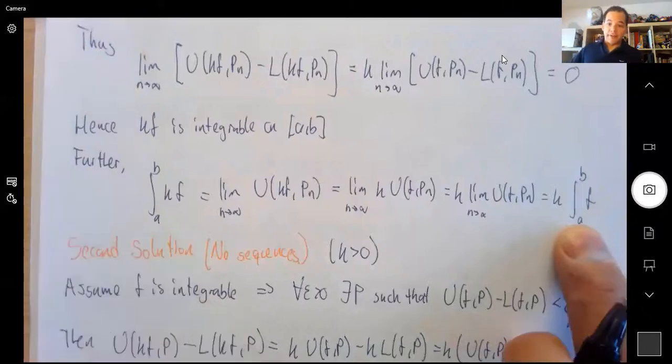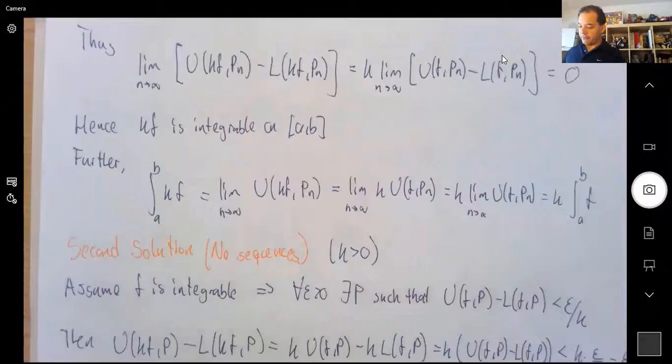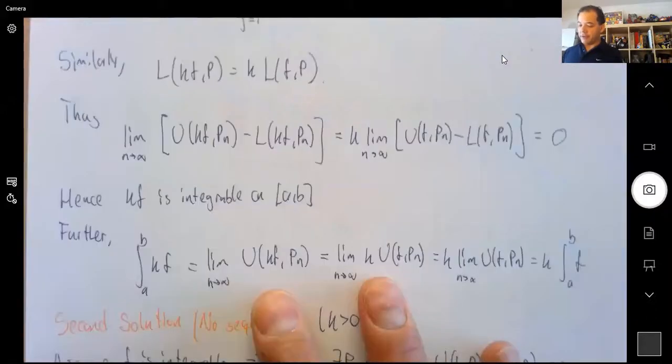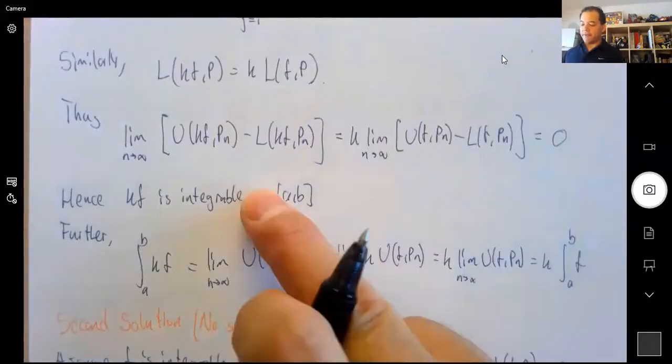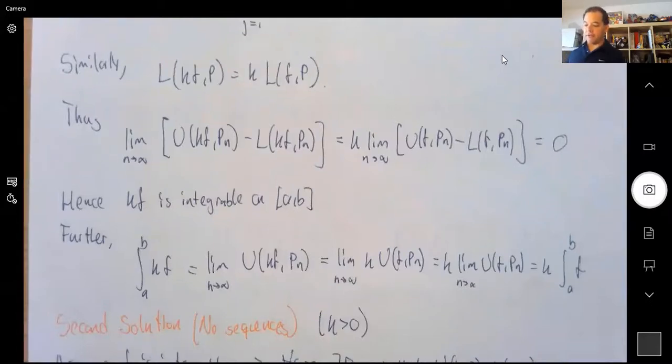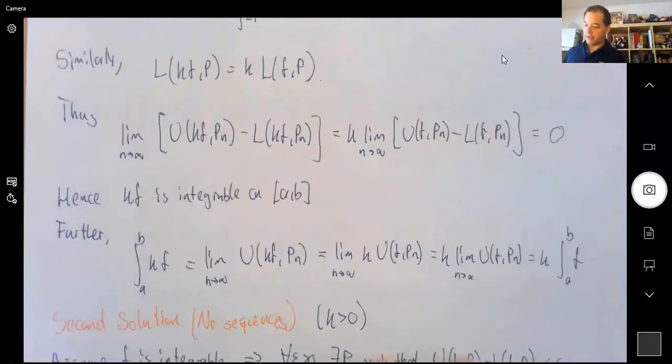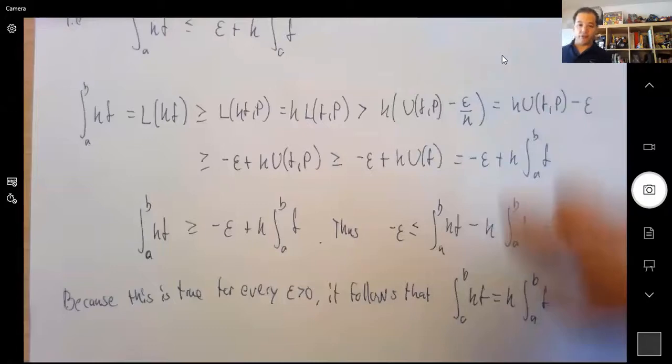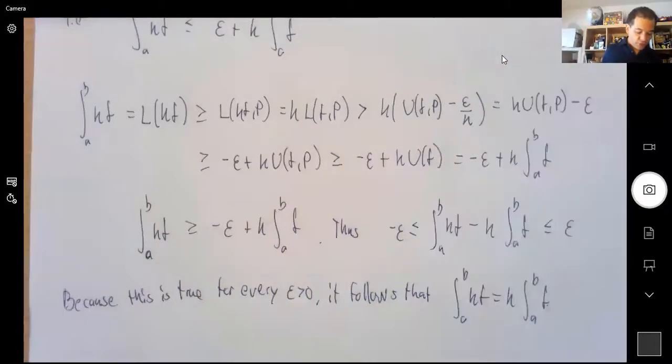The first part was also really, really easy, so the first solution is way more straightforward, cleaner and quicker. Of course, we had to first do this sequential criterion that I showed you earlier, but once you knew that, this solution was way faster than considering all these inequalities. Okay, but you still can do it this way if you choose to do so.